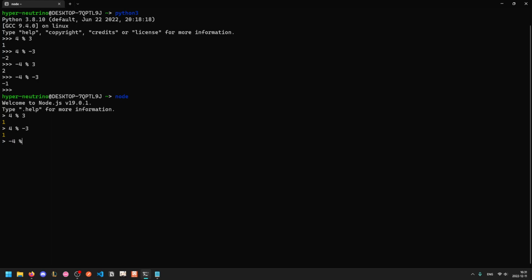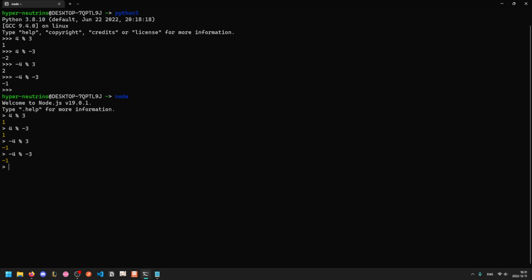So if we take negative 4 mod 3, we get negative 1. Because the left side divided by the right side, negative 4 divided by 3, is equal to negative 1 remainder negative 1. And finally, negative 4 divided by negative 3, that one still gives negative 1 as expected.